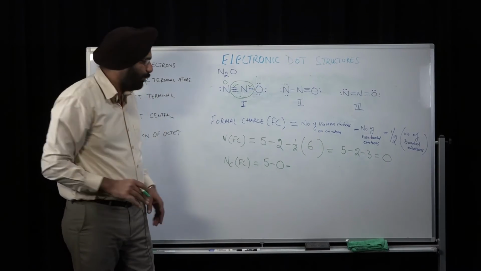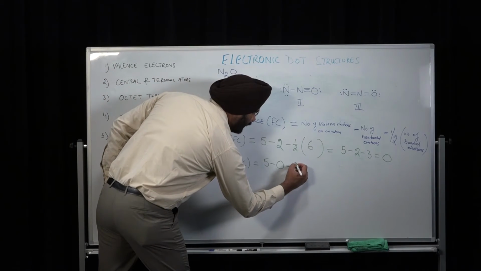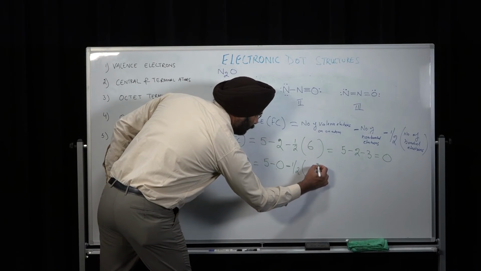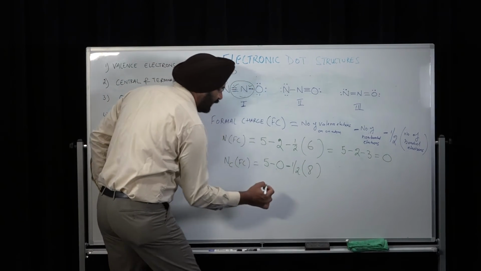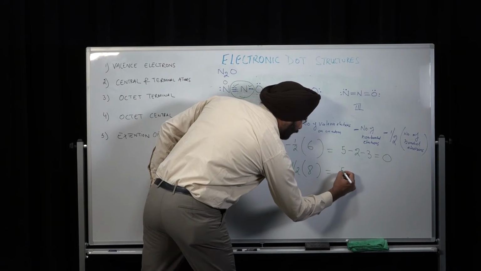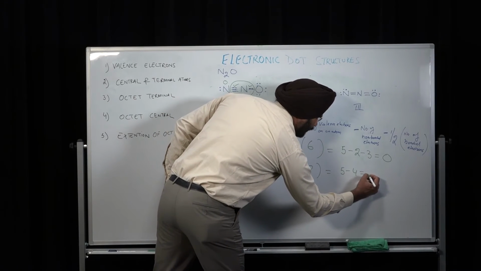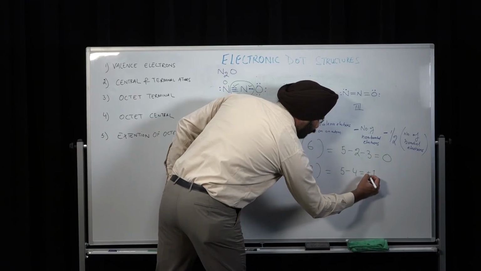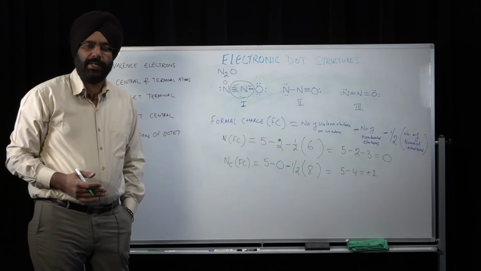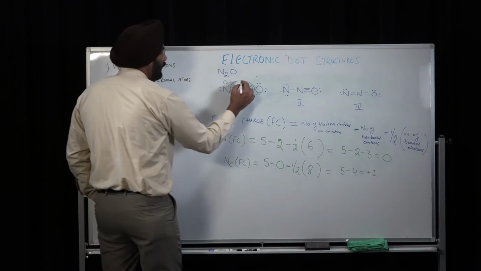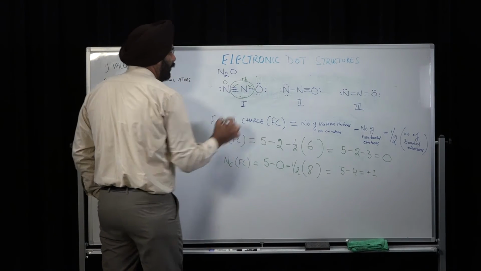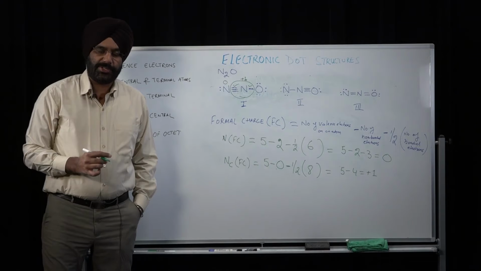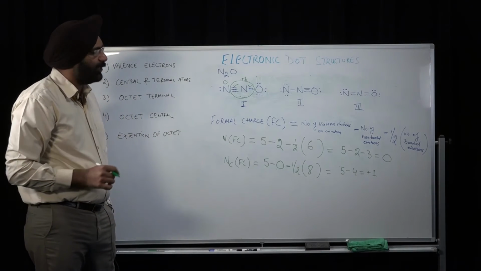All these are bonded. So I'll write half. In parentheses, I'm going to put 8. So if I solve it, this becomes 5 minus 4 equal to 1, positive 1. All right? So the charge on this nitrogen is plus 1. The formal charge, not the actual charge, the formal charge.